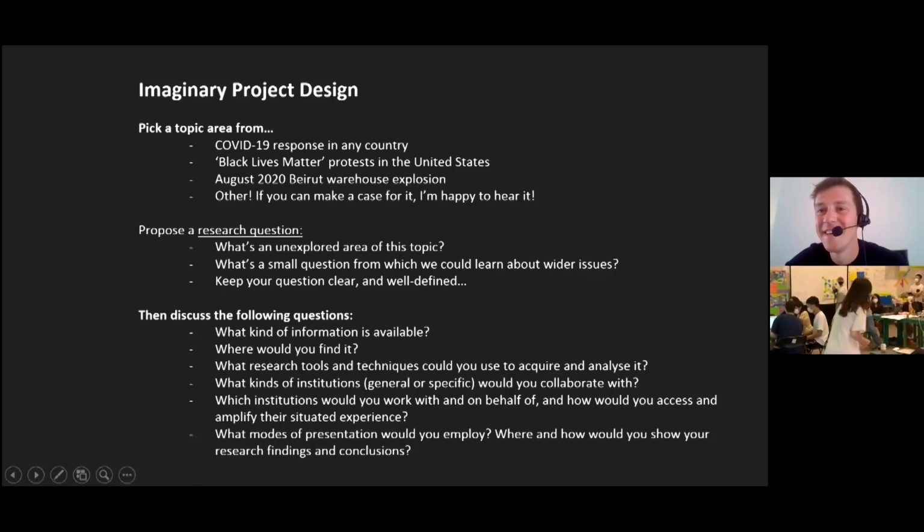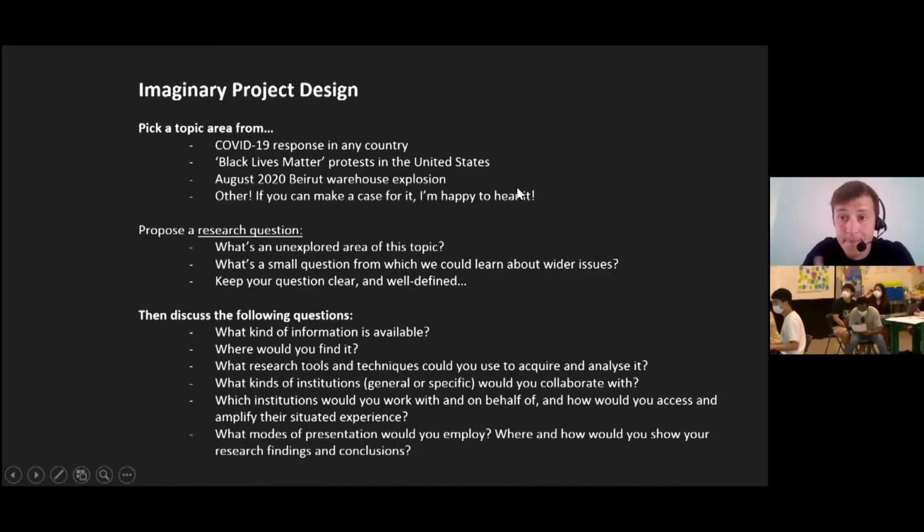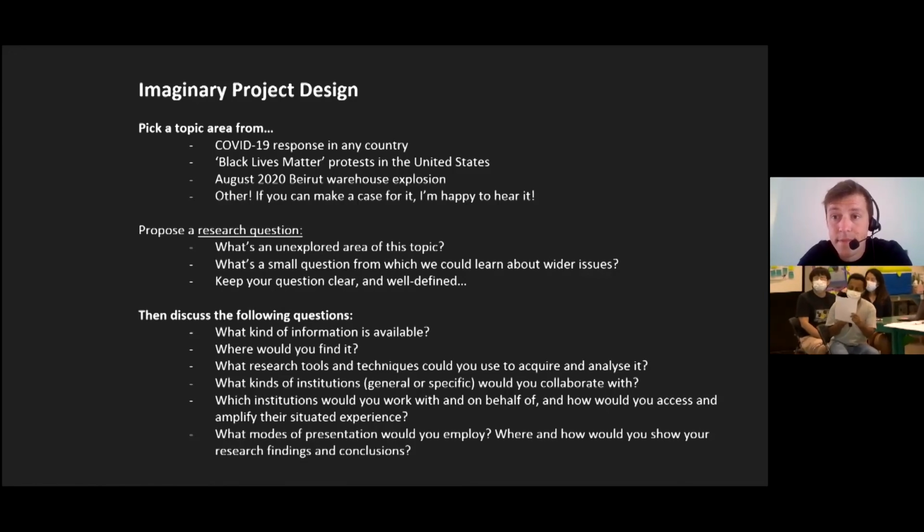Yeah, so we took a case about the killing of George Floyd and the Black Lives Matter movement.